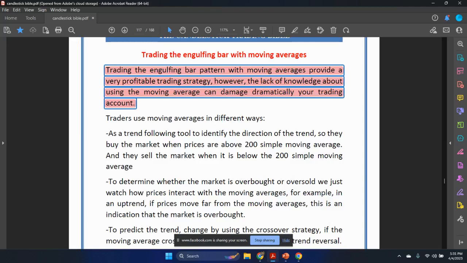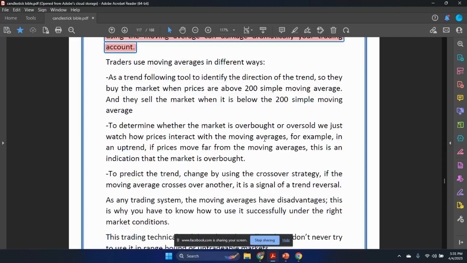Traders use moving averages in different ways. As a trend following tool to identify the direction of the trend, they buy the market when the price is above the 200 simple moving average, and they sell the market when it is below the 200 simple moving average. To determine whether the market is overbought or oversold, we just watch how price interacts with the moving averages.